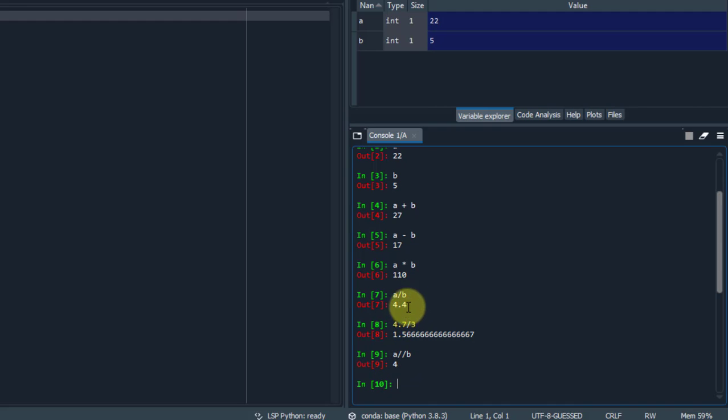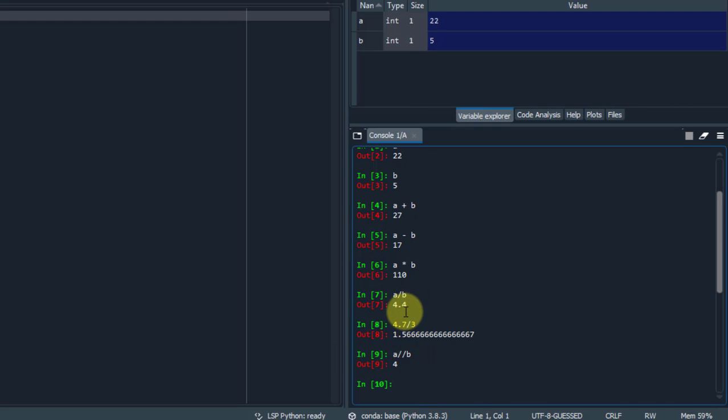Remember when we did the floating point division, we had 4.4. Now the floor division is different. The floor division is just going to take the first answer and ignore everything after the decimal point. So what we're going to have is just 4. It doesn't matter if you had 4.5 or 4.9, it's not going to give us 5.